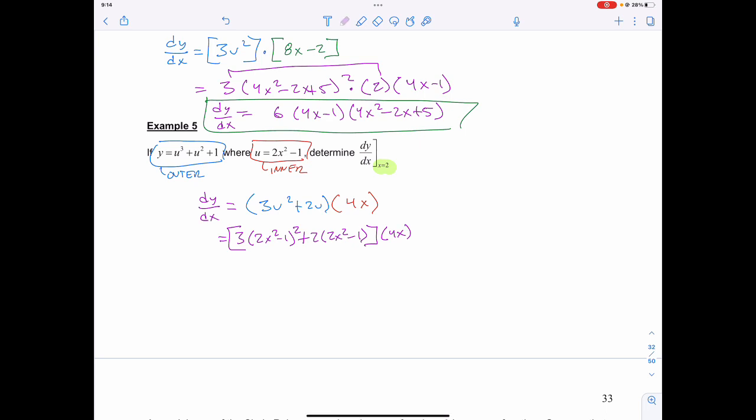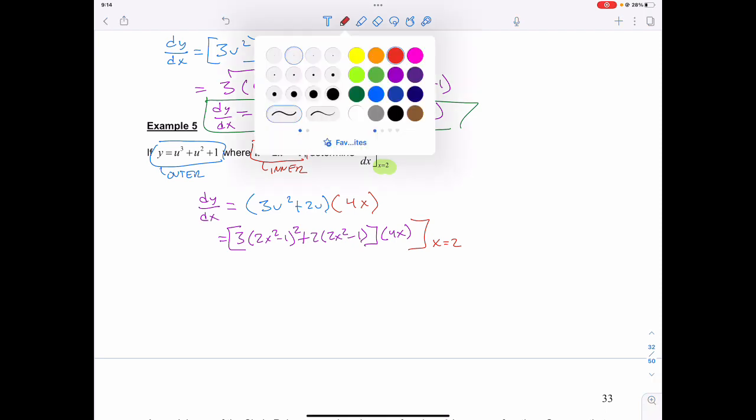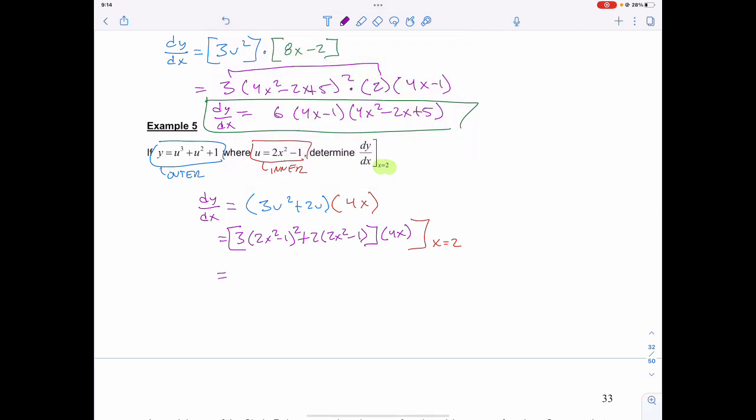And we're solving for when x is equal to 2. Which means we have 3 times 2 squared minus 1 squared plus 2 times 2 squared minus 1, all times 4 times 2.